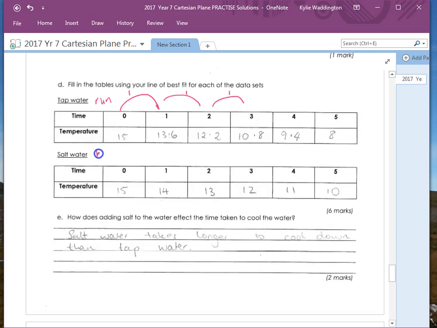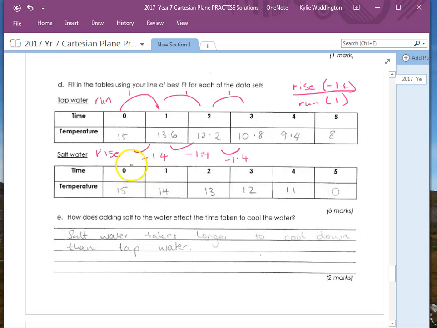Our rise is minus 1.4, minus 1.4, etc. So it gives us our rise, negative 1.4, over our run, which is 1.